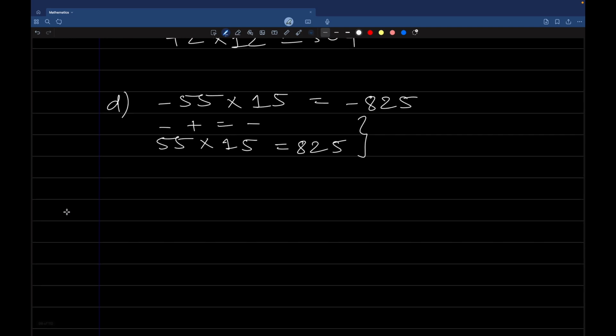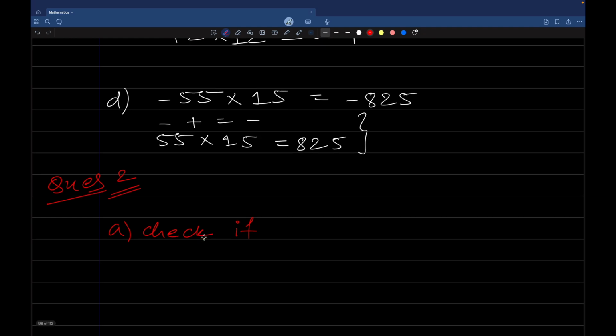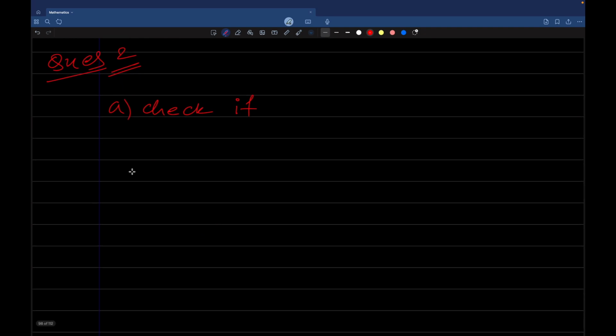Question number 2. A, check if 25 into minus 21 equals minus 25 into 21.